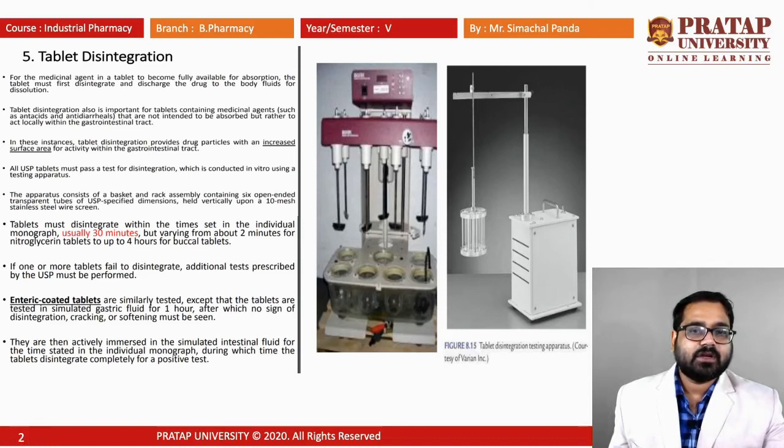The combination or ratio of both ingredients determines the rate of breaking of the tablet. The harder the tablet, the more the disintegration time varies. If it is a mouth dissolving tablet, the disintegration time is fast. If it is a sustained release tablet, the disintegration time is more.